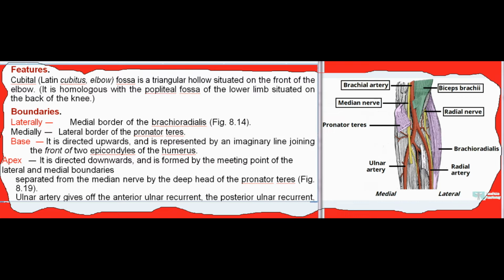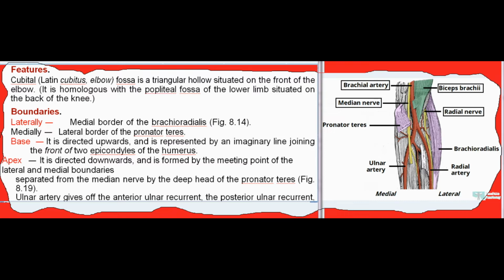Medially, lateral border of the pronator teres. Base. It is directed upwards, and is represented by an imaginary line joining the front of two epicondyles of the humerus. Apex. It is directed downwards, and is formed by the meeting point of the lateral and medial boundaries, separated from the median nerve by the deep head of the pronator teres, Fig 8.19.